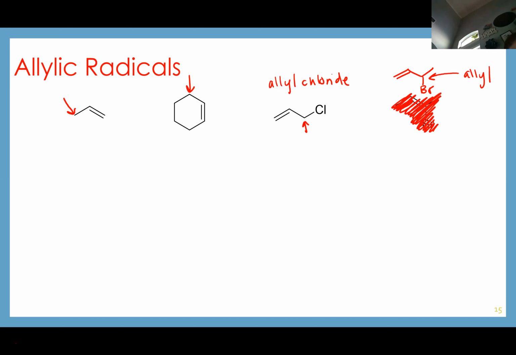Now, the reason that this position is important is because the radical that's formed in the allyl position has resonance. Remember that the pi bond is made up of 2 electrons.